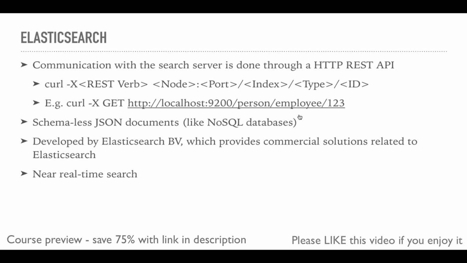The documents that are stored in Elasticsearch are JSON documents that are schemaless, much like NoSQL databases. This means that you don't have to define fields and their data types before adding data, like is the case for relational databases, for instance.